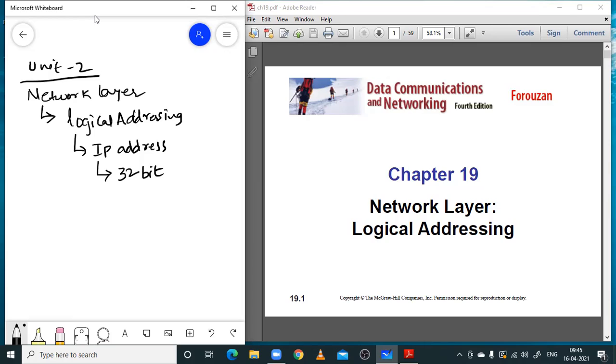So we can say that every IP address is of 32 bits when we come across the IPv4 scheme.